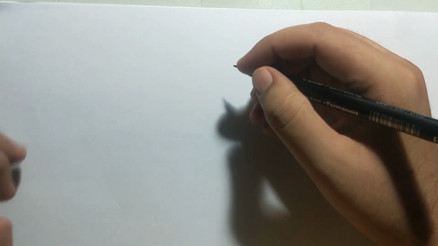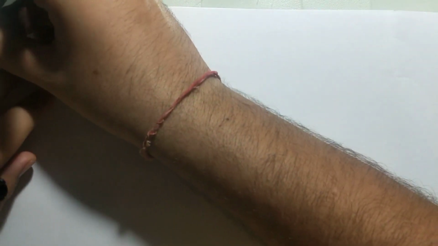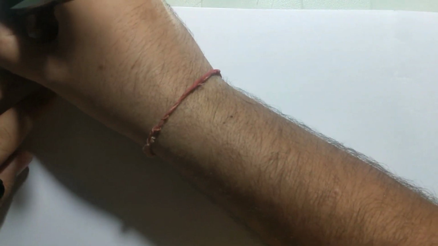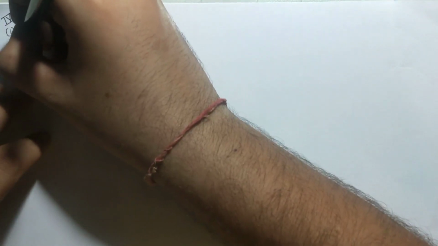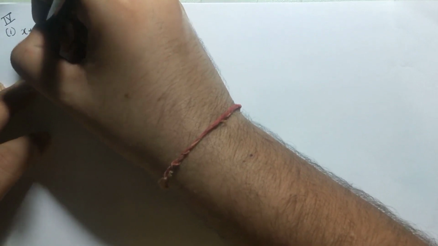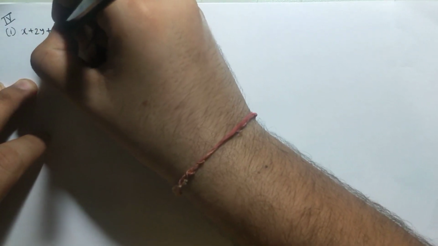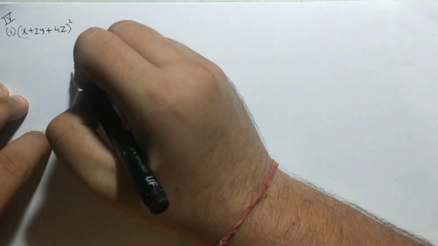Fourth question is expand each of the following using suitable identities. Now you have to expand these. First question, x plus 2y plus 4z whole square. Simply you know that this is three terms and it's getting whole square.